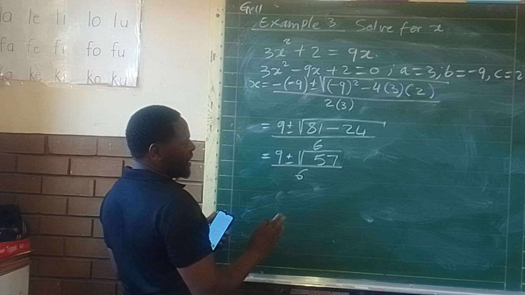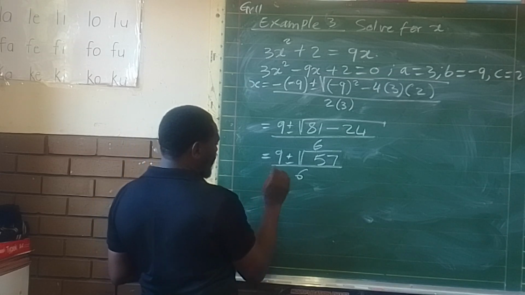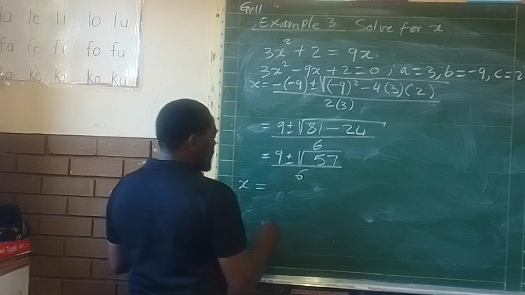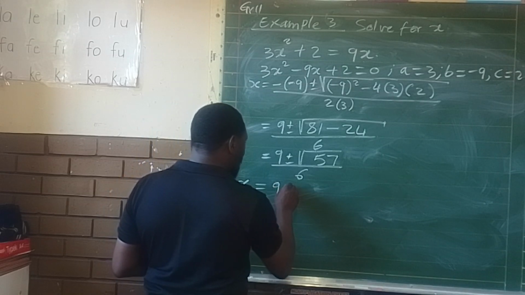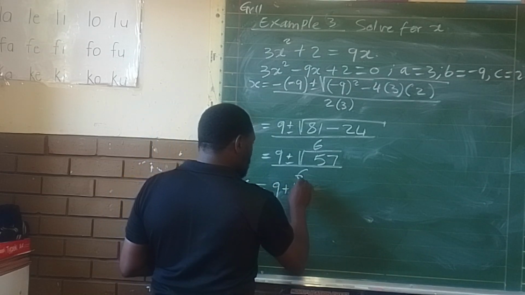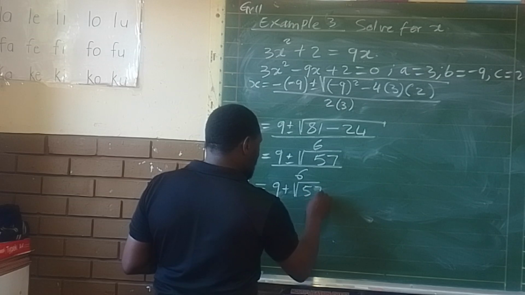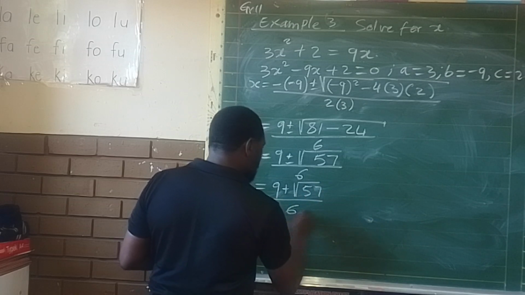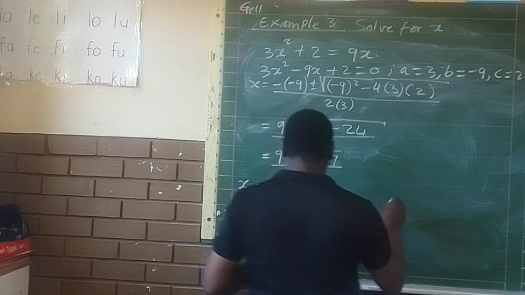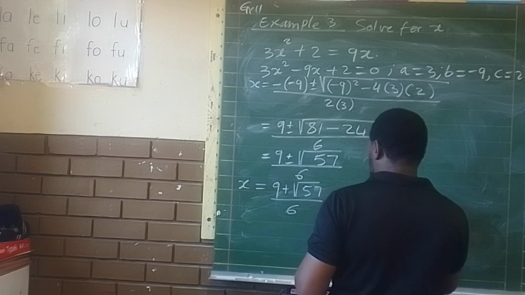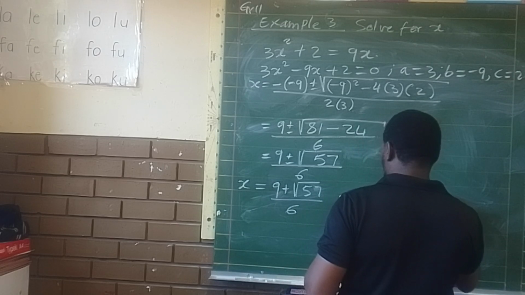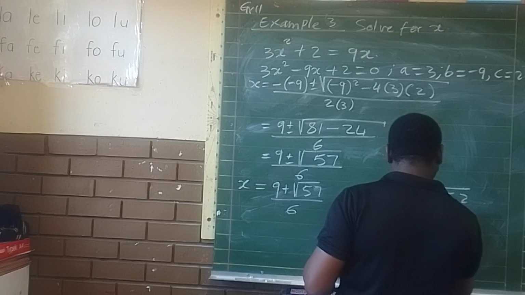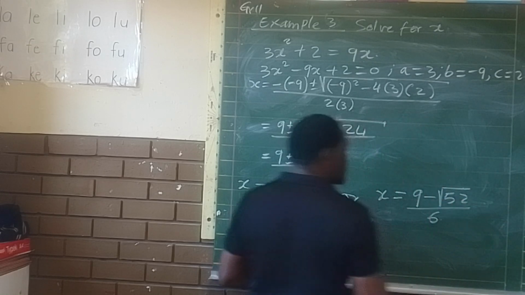Now from here we are going to come up with 2 possibilities. It's x is equals to 9 plus a root of 57 divided by 6, or x is equals to 9 minus a root of 57 all over 6.